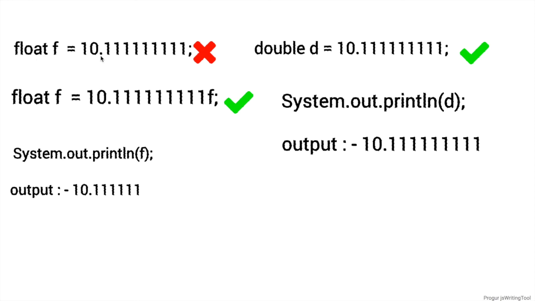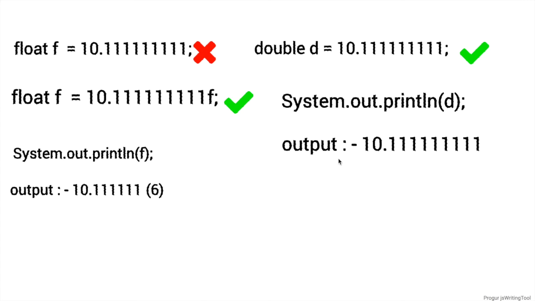The point is, if you want to store more than 6 digits in a float type, you are not going to get it in the output. For float, you can store a maximum of 6 digits after the decimal point. It's as simple as that. If you put more values after that, you're going to lose them in your output.